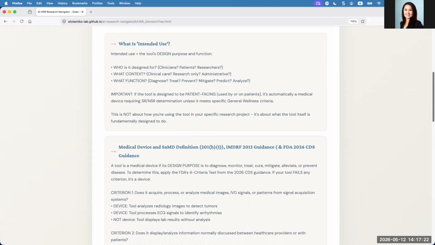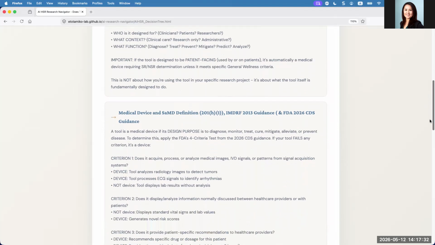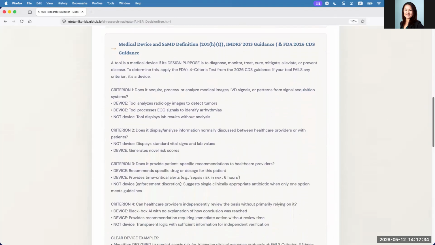First steps first. If we see these FDA 2026 CDS guidance, then it's going to walk us through 4 criteria. Here's the criteria.